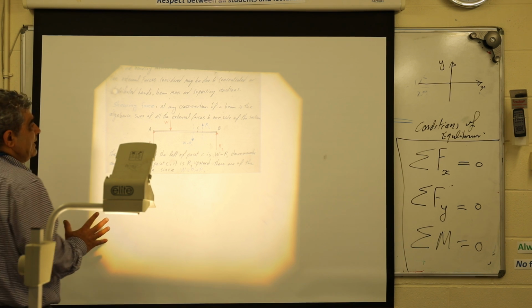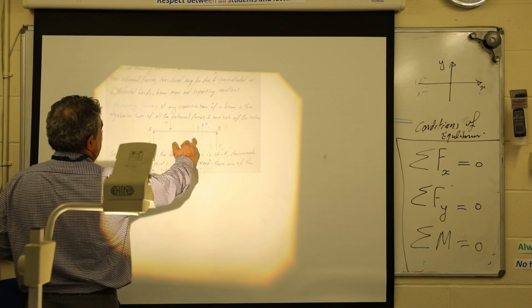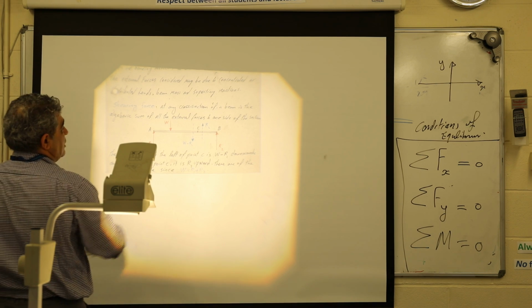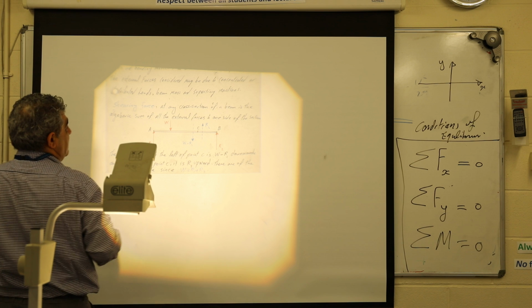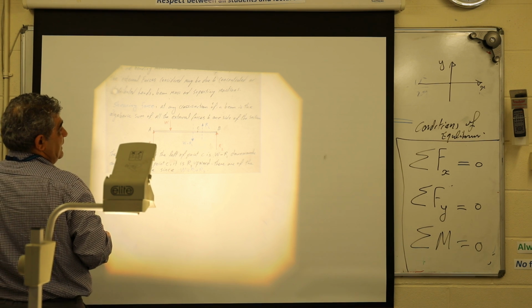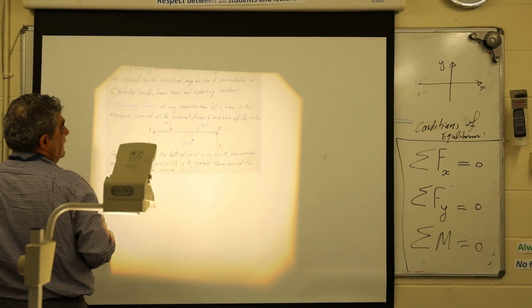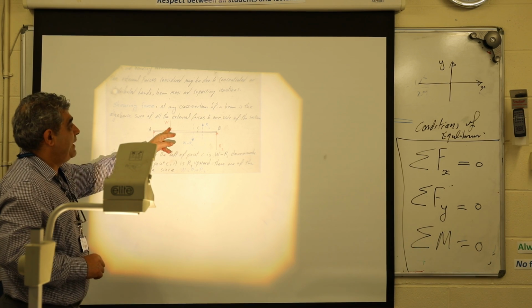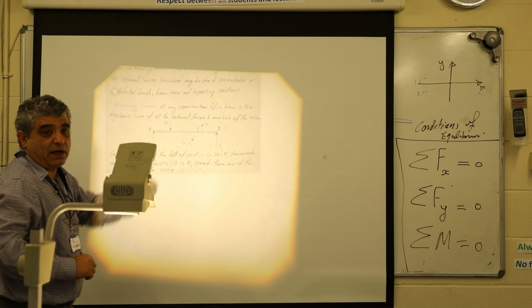Does it make sense? What did I do? As you can see here, that's a cutting point. R1 is a reaction, R2 is another reaction, and that's the concentrated load W. Am I right? Yes? And the result of this minus that one would be W minus R1.